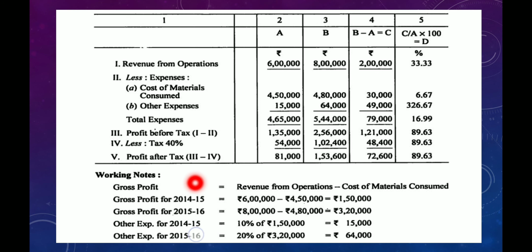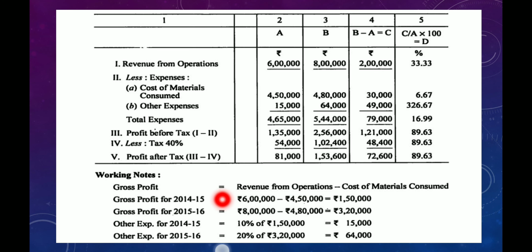First of all, gross profit is found out. Here is the formula: revenue from operations minus cost of material consumed. Revenue from operations is given as 6 lakh for the previous year and 8 lakh for the current year. So the previous year profit is 6 lakh minus 4,50,000 cost of material consumed, that is 1,50,000.